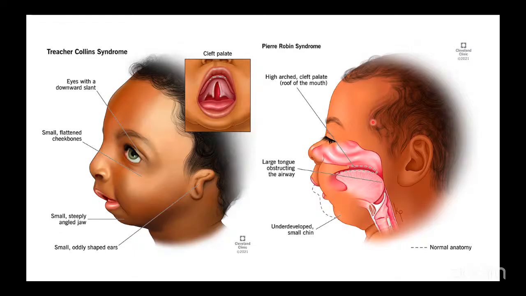As for Pierre Robin syndrome, the major feature here is micrognathia, which is a small jaw. So you can see undeveloped small chin. You can also have a large tongue, which obstructs the airway. It's not that the tongue is large, it's just that the jaw is small, so it leads to pushing back of the tongue. Okay. You also have high arched cleft palate. All right. So these are your first arch syndromes.